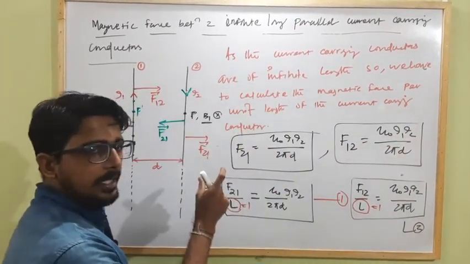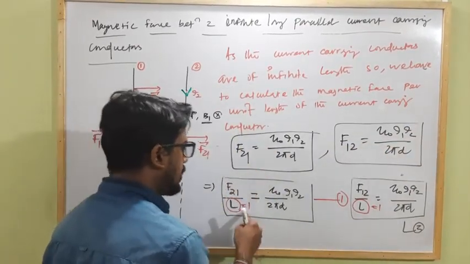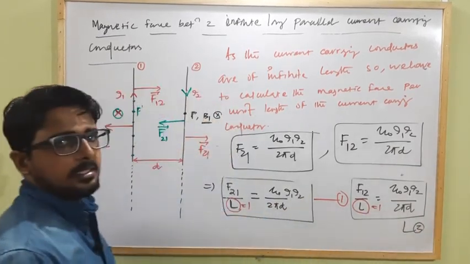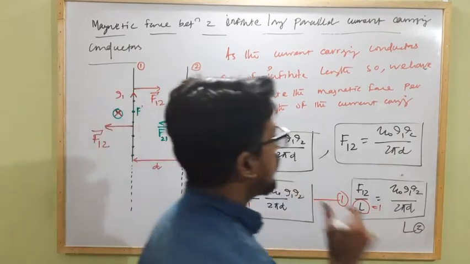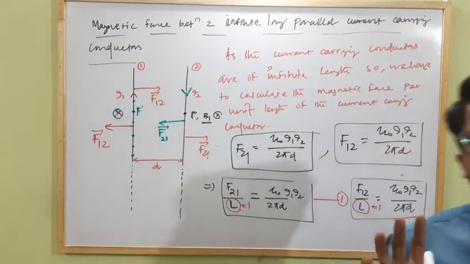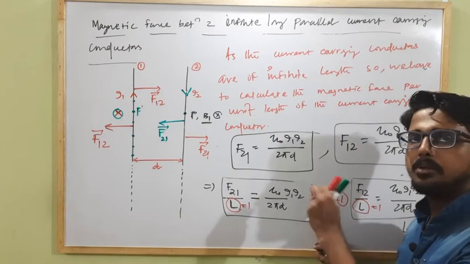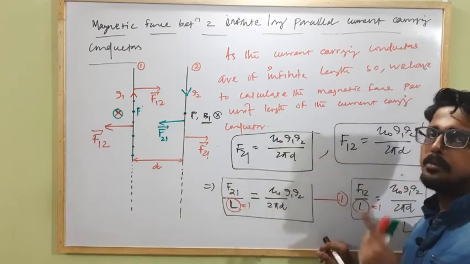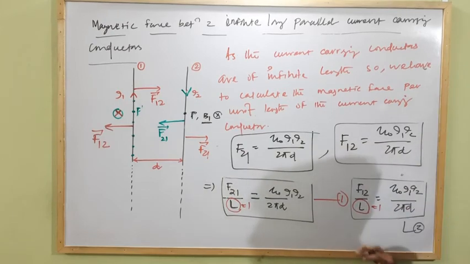If they have some finite length, then we can write the L here, or we can multiply the L on the right hand side. Or in general, we have to find the magnetic force acting on the current carrying conductor per unit length, as they are of infinite length. Clear?